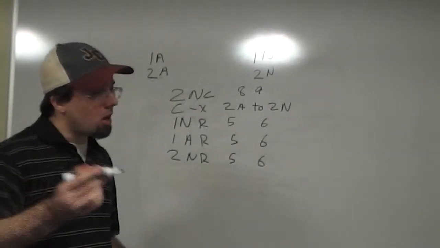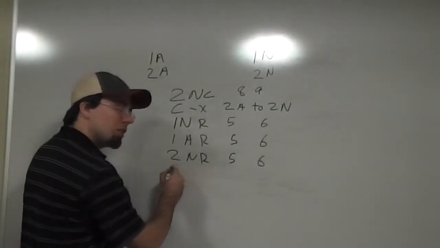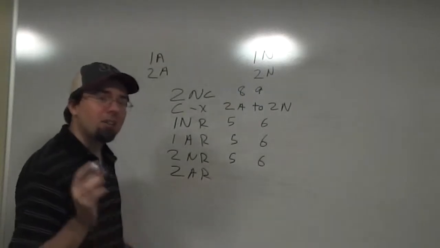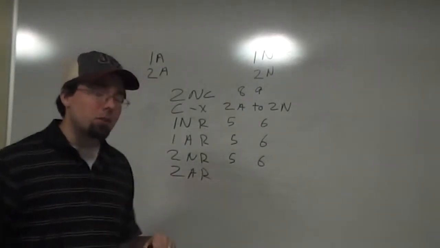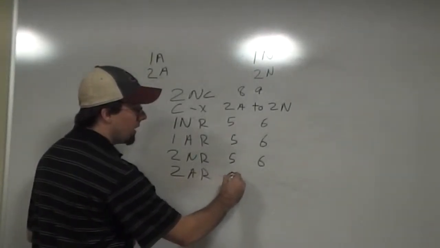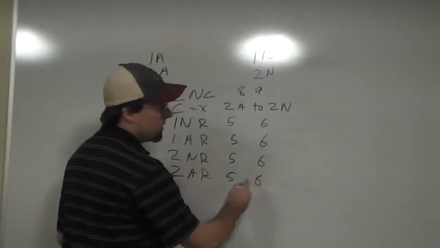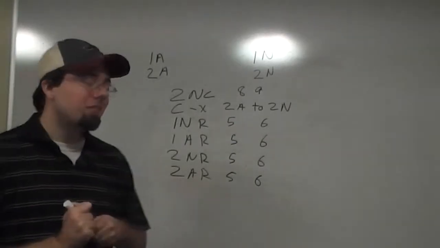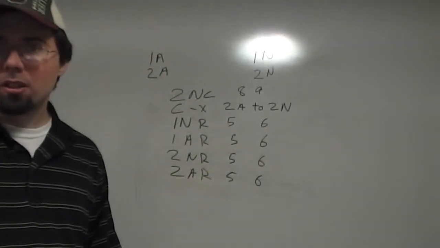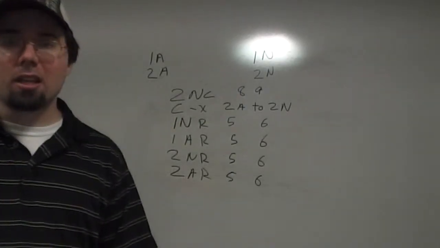And lastly, we talked about that structural advantage. The second affirmative rebuttal is the last speech in debate and comes after the 2NR. Again, it will be 5 minutes in high school or 6 minutes in college. And the second affirmative rebuttal is looking to do the opposite of the second negative rebuttal.